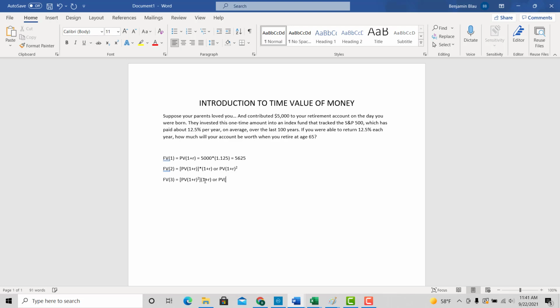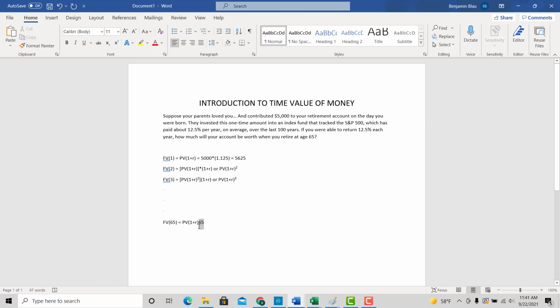Or this becomes the present value times 1 plus r raised to the power of 3. And so on, right? We can do this for year 4, 5, 6, all the way until we do this for year 65. The future value in year 65 is going to be equal to the present value times 1 plus r raised to the power of 65.